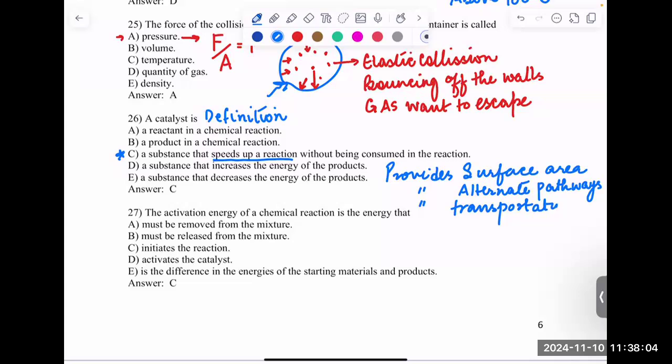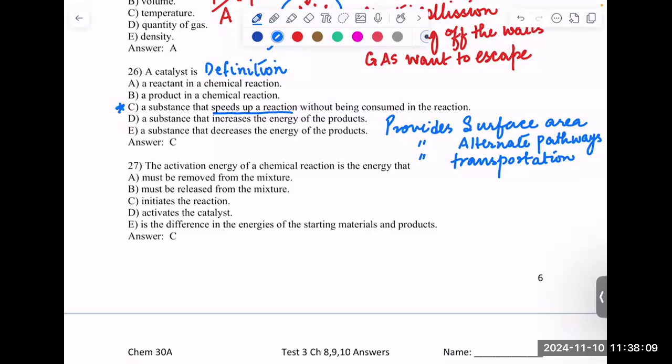The substances can load onto that path, that enzyme or the catalyst, and then they can go from one place to another, and then it offloads. So it is not a part of the final product. It may take part in the reaction mechanism, but it is not a part of the final product. It takes part in the middle a little bit, and then it just detaches itself.